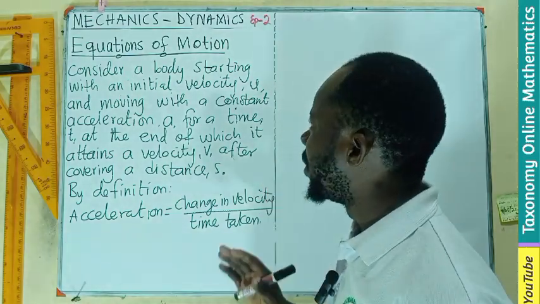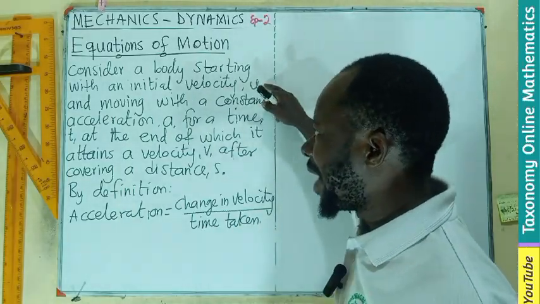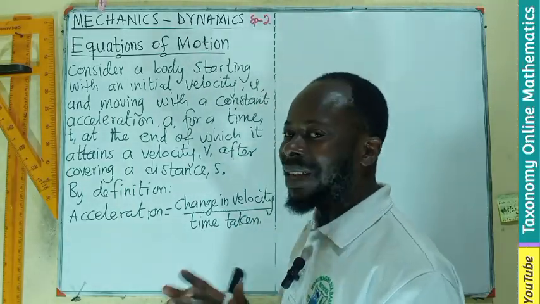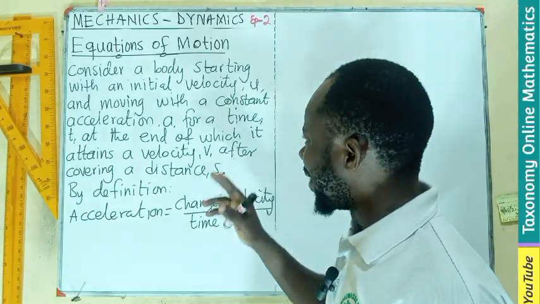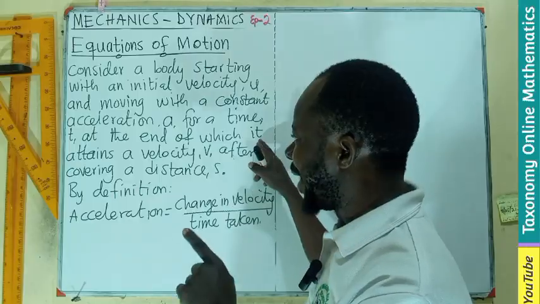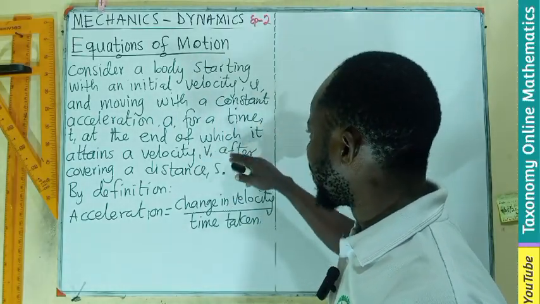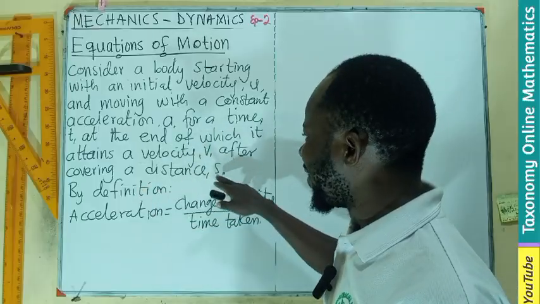So we have to consider a body which is starting with an initial velocity u and moving with a constant acceleration a for a time t, at the end of which it attains a velocity V. So this is the final velocity after covering a distance x.